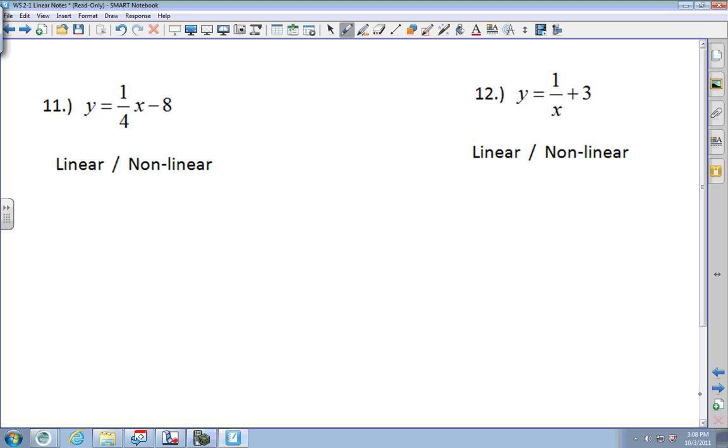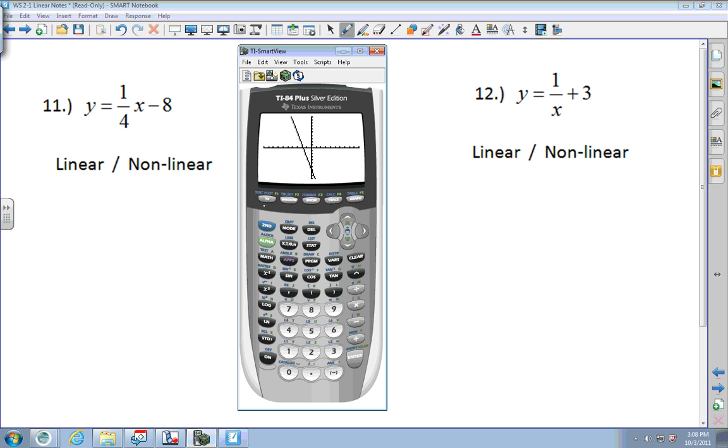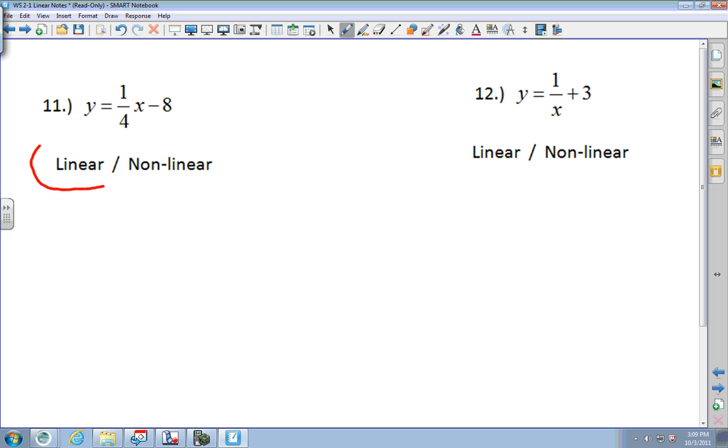Next one. There's the next two. Put those in your calculator and come back and see if they're linear or not. The first one, let's see, I have 1 divided by 4, x minus 8. I press graph. There's my line. It's going in a straight line. It is linear.